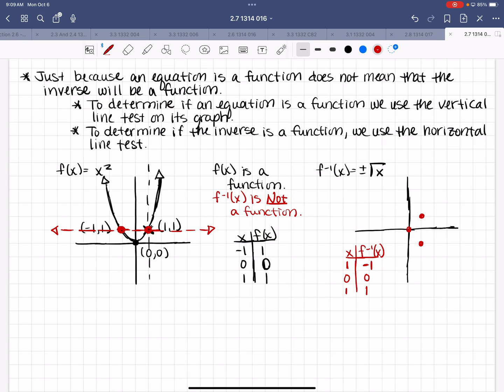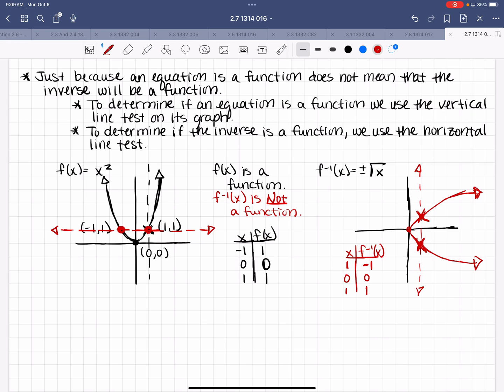And when I go to graph that, what it's done is it's turned that parabola on its side. Okay? And if you'll notice, now if I do the vertical line test on this graph, what happens? I show that this inverse graph is not a function.